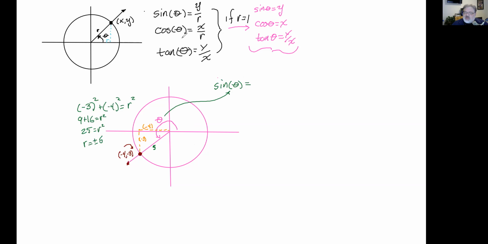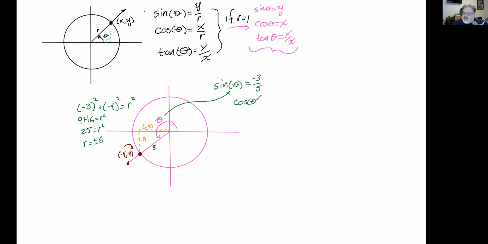It doesn't have to be anymore. Our sine value is defined as that y over r. So the y value here was -3. The r value 5. So -3/5.